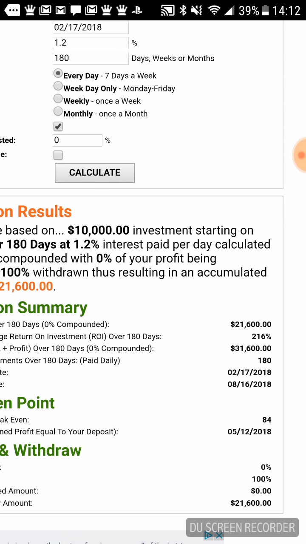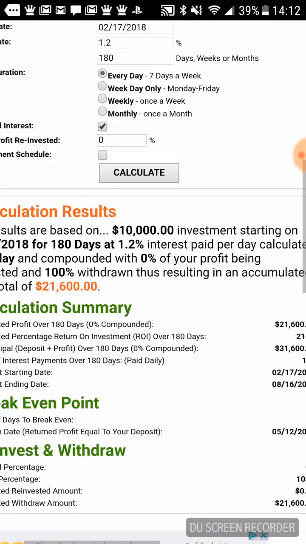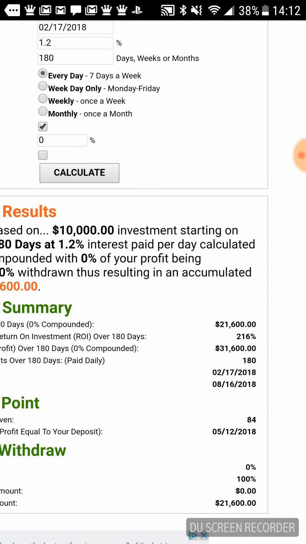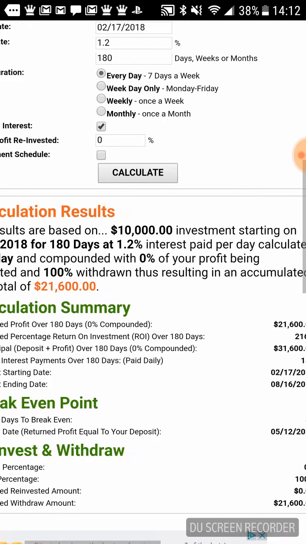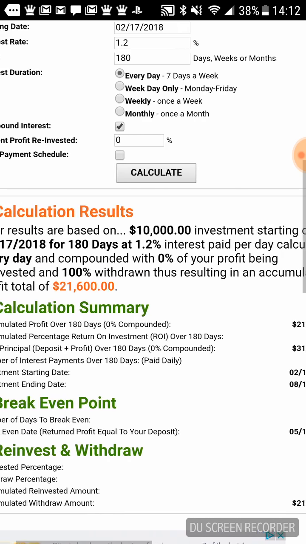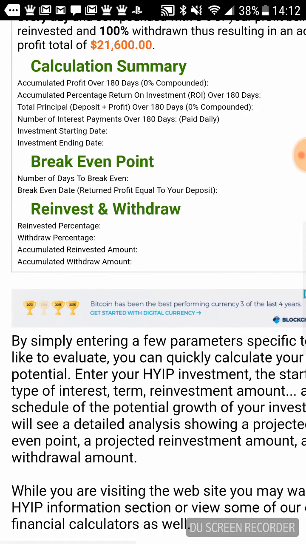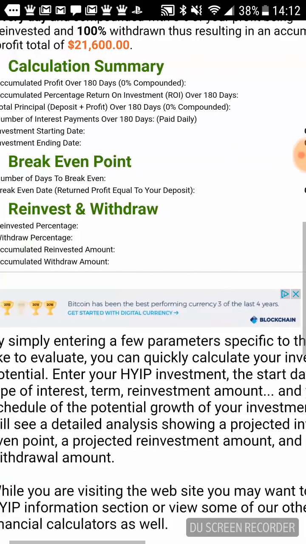Oh, and it's adding in your capital release there. So your total principal deposit plus profit over 180 days would be $31,600 instead of 10 grand. So you would triple your money if it lasted for 6 months, because you're getting that initial 10 grand back. But that's assuming you're going to get a capital release, and I've never gotten a capital release.